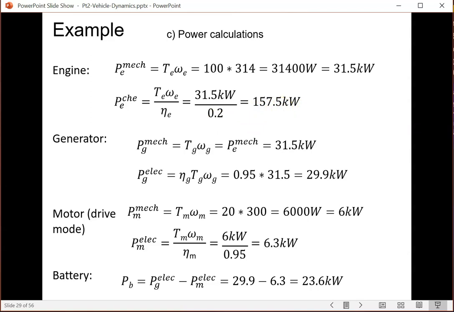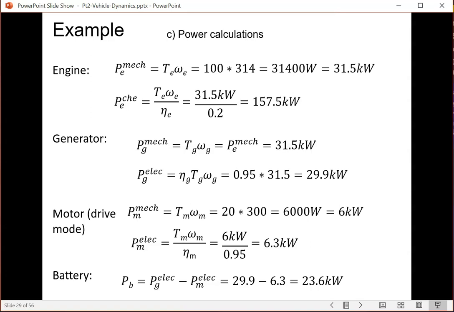Input equals the output divided by the efficiency factor, or output power equals input power times efficiency factor. So now we know the input and output power of the engine.